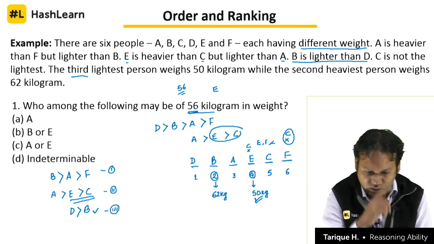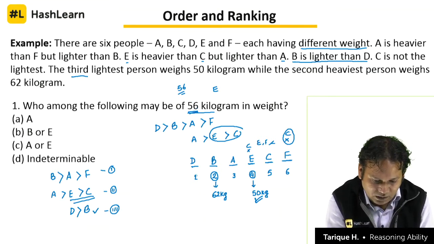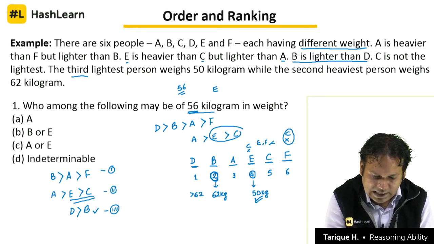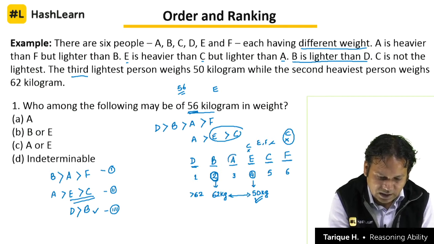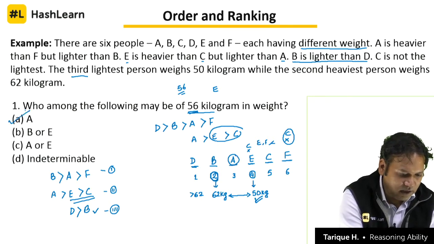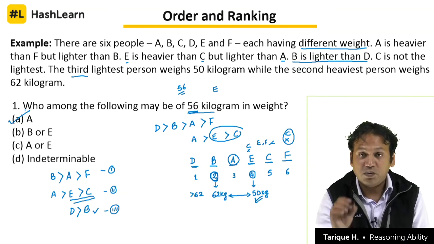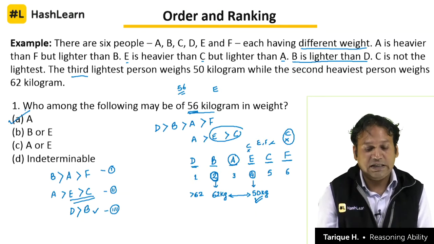Now, there is a reason why and how we will get the answer. See, the second person has 62 kg weight. The first person is more than 62, E is having 50. So, there is only one person here whose weight can be between 50 and 62, and that one person is A. So, the answer is A. Who among the following can be or is of 56 kg weight?